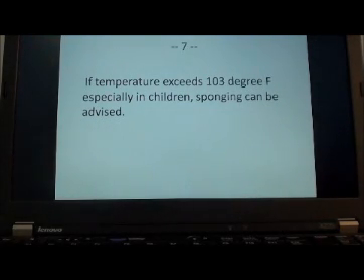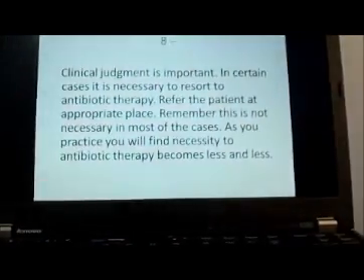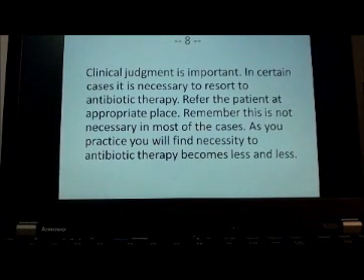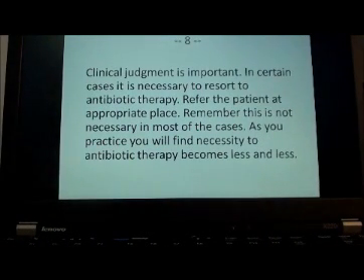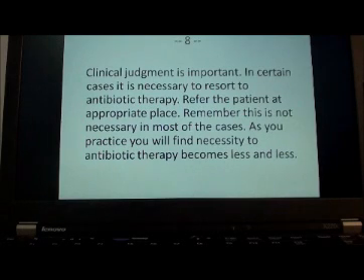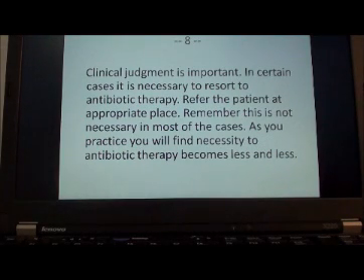It is advisable to advise sponging, which will reduce the fever to some extent. Number 8, clinical judgment is important. In certain cases, it is necessary to resort to antibiotic therapy. Refer the patient to an appropriate place.